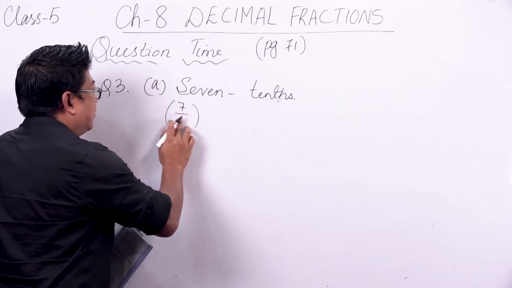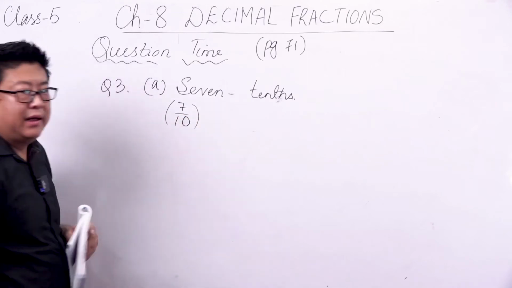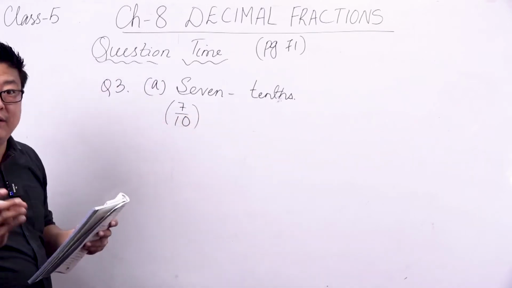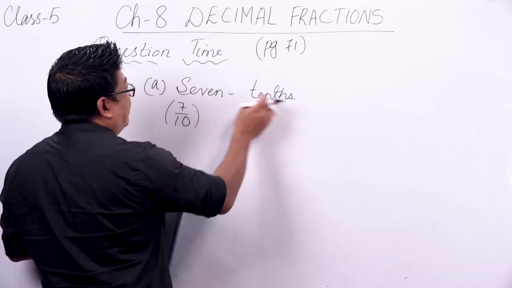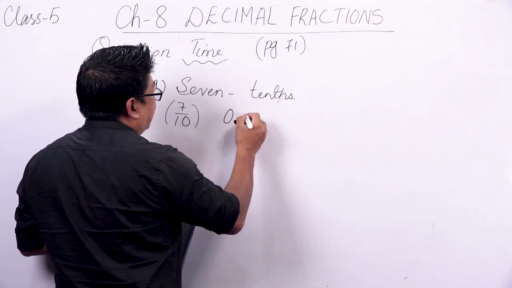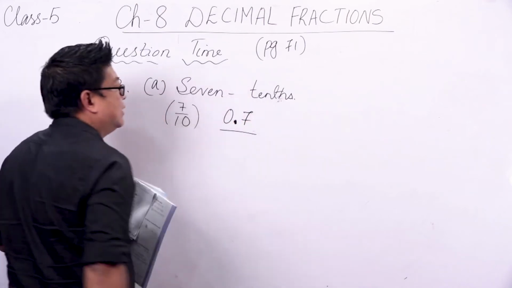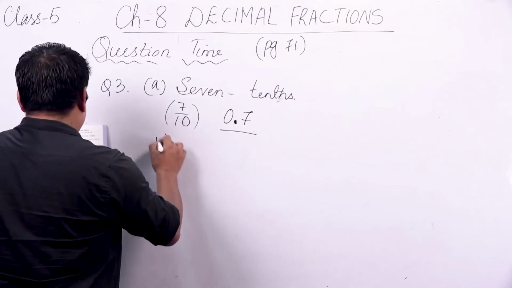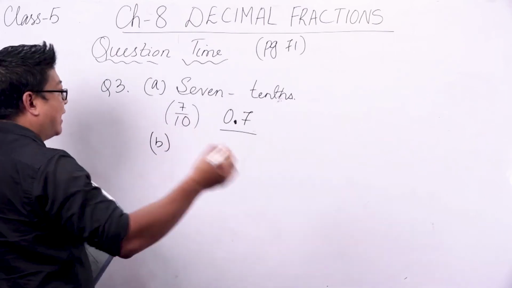But they're not asking for this. They're asking for decimals, as decimal. So 7/10, it looks like this. So we can directly understand that it will be written as 0.7. All right? B, 6/3.